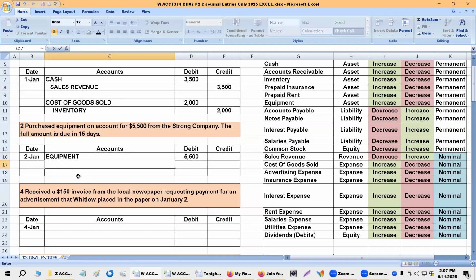And then credit accounts payable for 5,500. Yeah, we haven't paid them yet, but we will. So assets are going up, liabilities are going up.